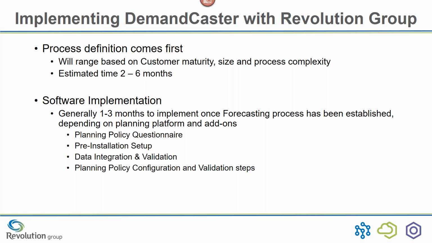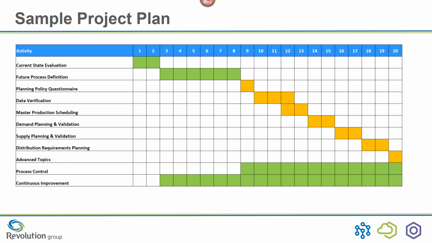The duration of that whole exercise will vary depending on how mature the customer is, how big you are, and how complex you are. So once we've really nailed down the upfront work, then the software implementation is a breeze, right? Usually it's 1 to 3 months to implement and make sure everything's working right, and I'll go through some of the steps on this next slide.